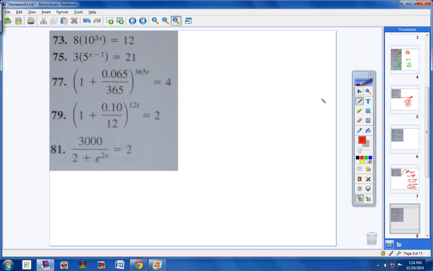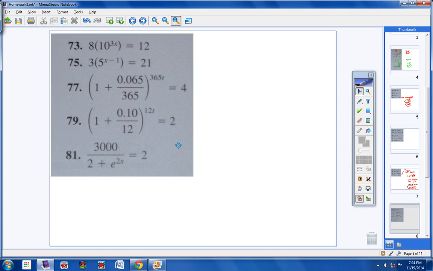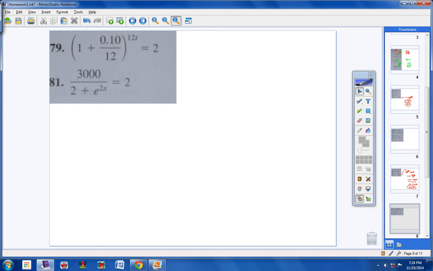Here we go. Okay, same thing. I would type this whole thing here into a decimal, okay? So here we go, 0.1 divided by 12 equals plus 1. Okay, and here's what I get. .008 and 3 repeating to the 12t power. So the base of my unknown is this right here.